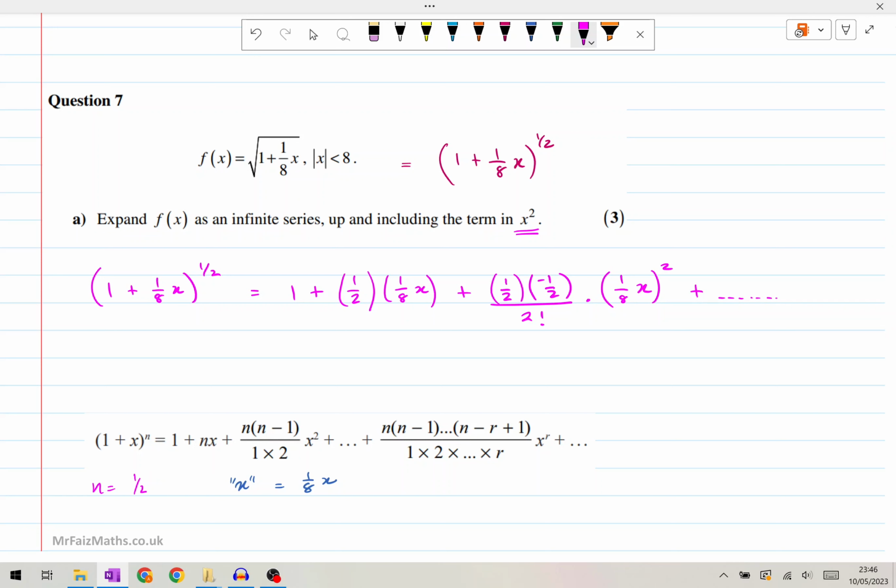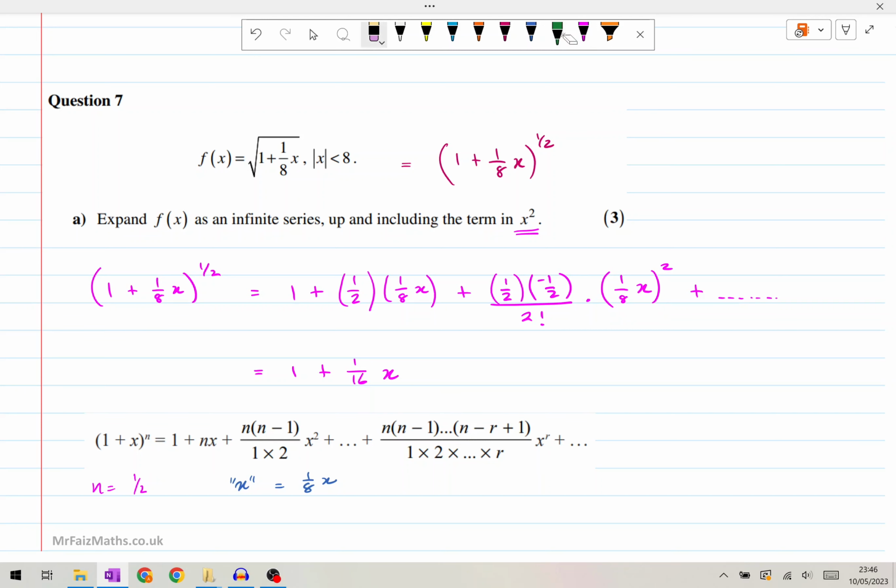Okay, so now we just need to simplify each of these terms. The first two are fairly straightforward. A half times an eighth would give us 1 over 16x. Now this whole term here, I would just type into a calculator. Just be careful that when you substitute this part, you put the 1 over 8 inside brackets and then square it.